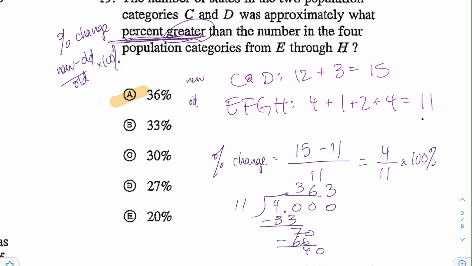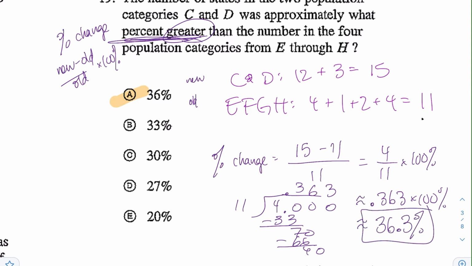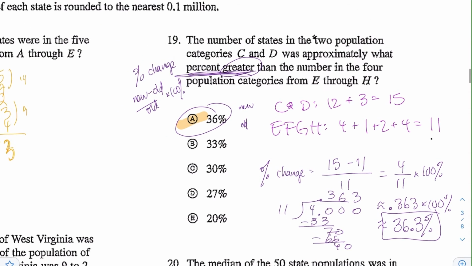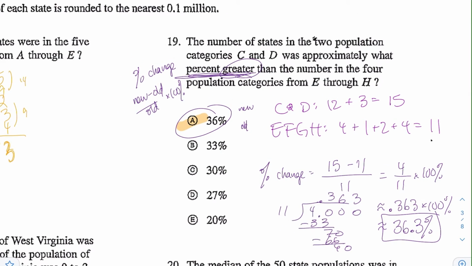So it would be 0.363 times 100%, or this will be 36.3%. And that would be choice A is the best bet. You can also just estimate with the 4 over 10.